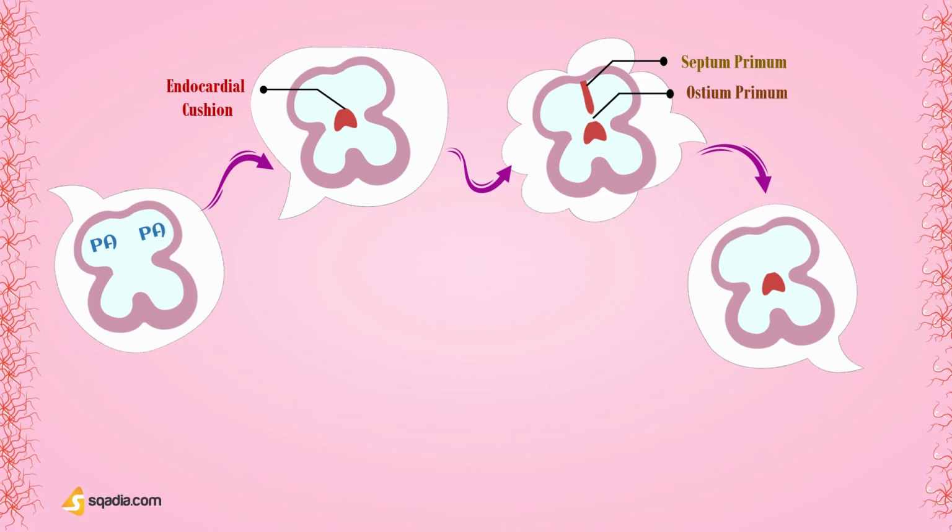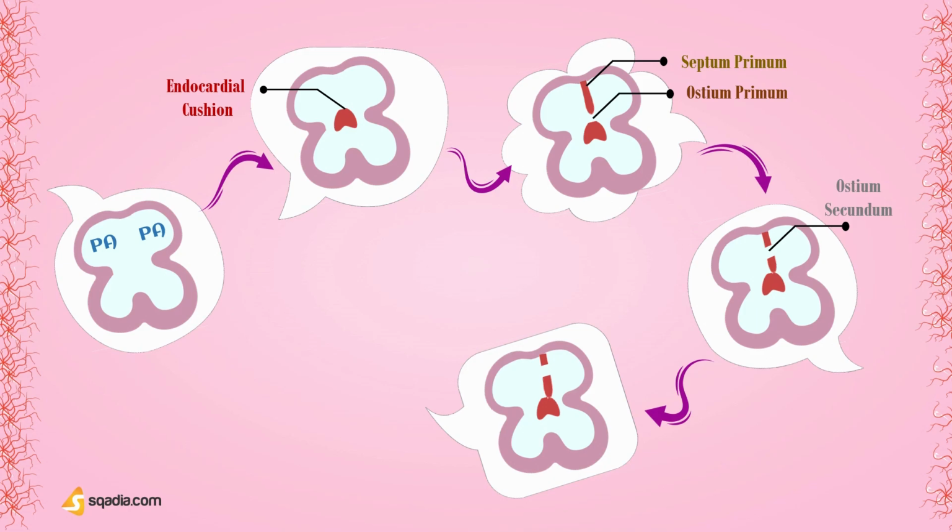Now, this septum primum extends down from the roof, growing towards the endocardial cushion, and meets the endocardial cushion. Now again, a gap develops here. As this gap occurs after the formation of the ostium primum, it is called the ostium secundum. Class, ostium means the gap.